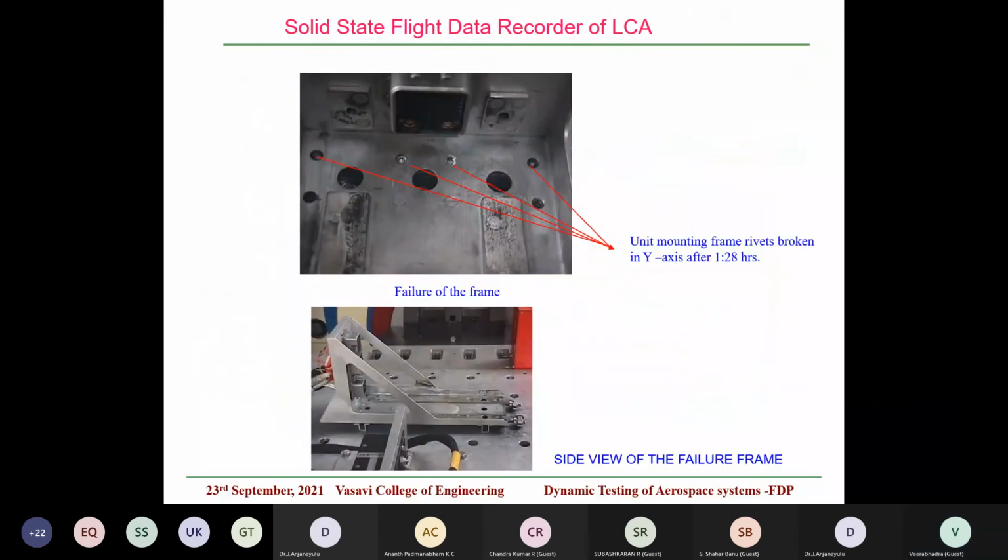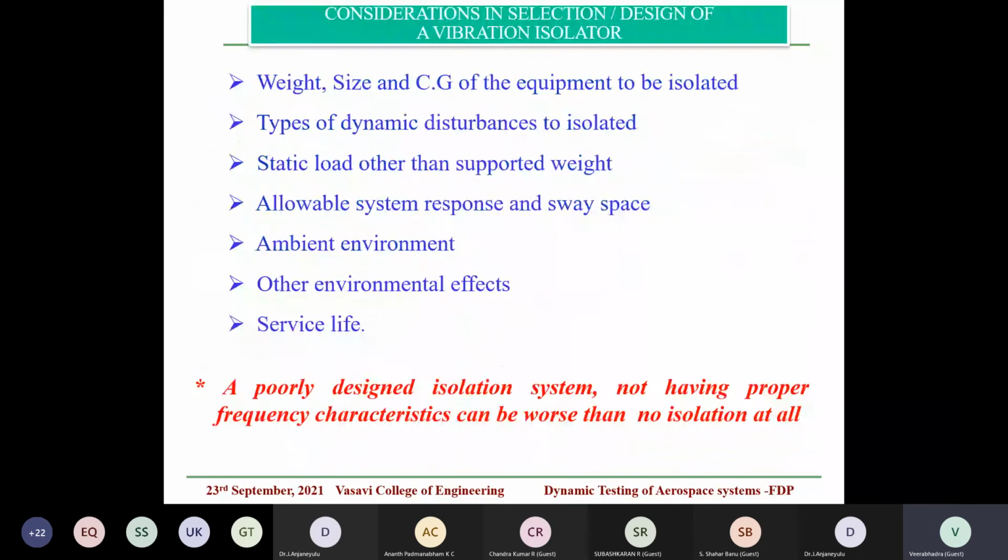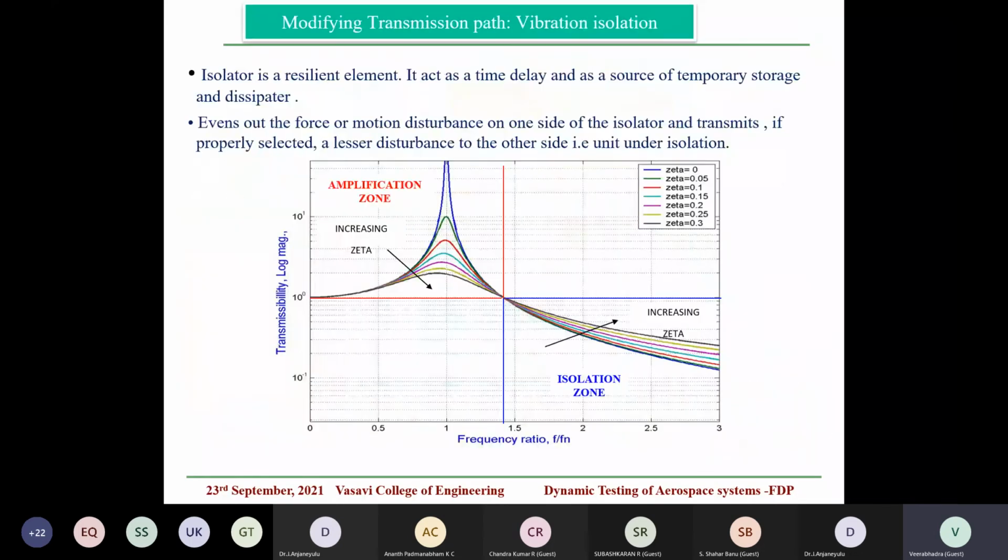Say the isolator is at 100 hertz, that means I should use it only from 141.4 hertz, but that is not possible most of the time. So, as I'm showing again, you have to use it in the isolation zone only. If the input is 1, beyond root 2 times its natural frequency the input is reduced. But if you are using an isolator, you will have to face a small zone where it will be amplifying. That zone you have to control by damping. That's what I wanted to say.